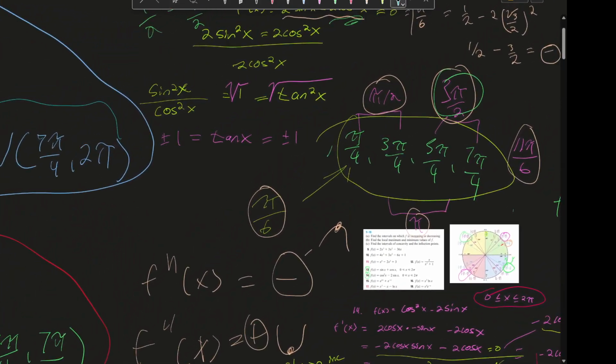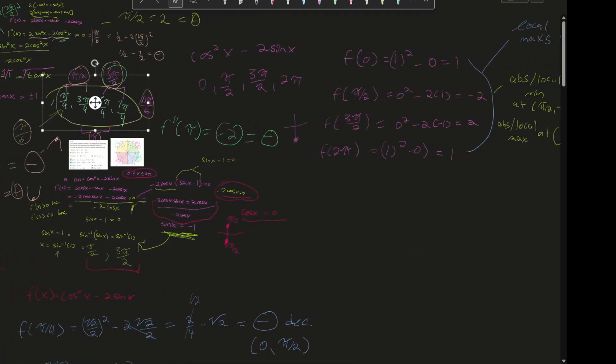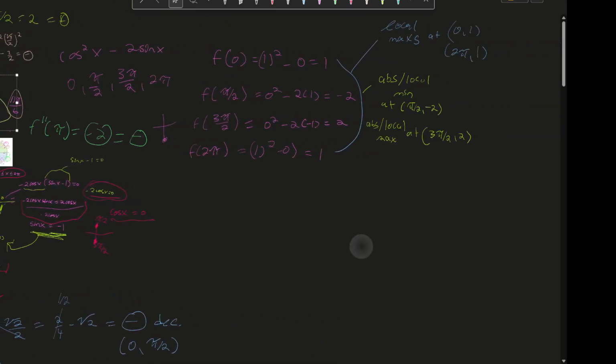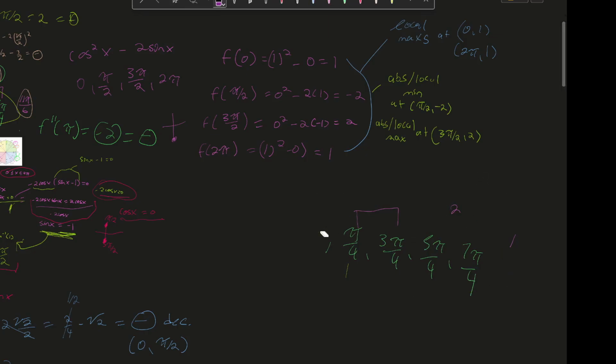If you want to state your inflection points, the actual values as ordered pairs, then you take those green numbers here, the critical numbers that we solved in the second derivative, and you plug those into the original function.